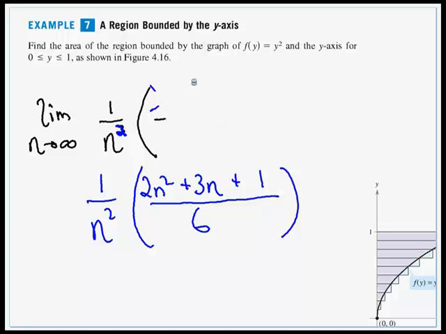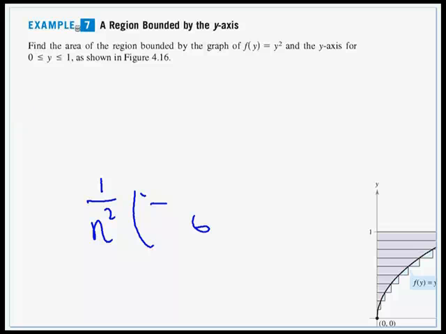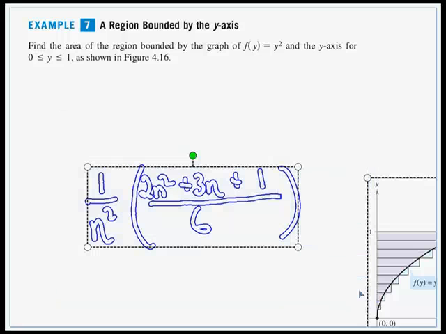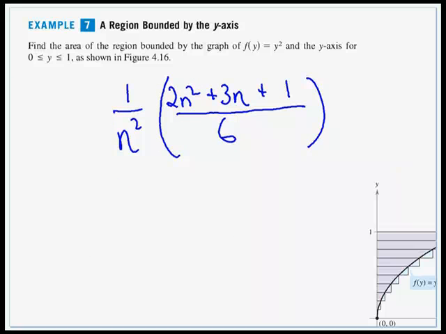And of course, we're going to break this into individual fractions so we can apply that limit. So again, we're still thinking this is the limit as n goes to infinity. And let's see what happens here. We're going to have 2n squared as our numerator, and our denominator will be 6n squared.